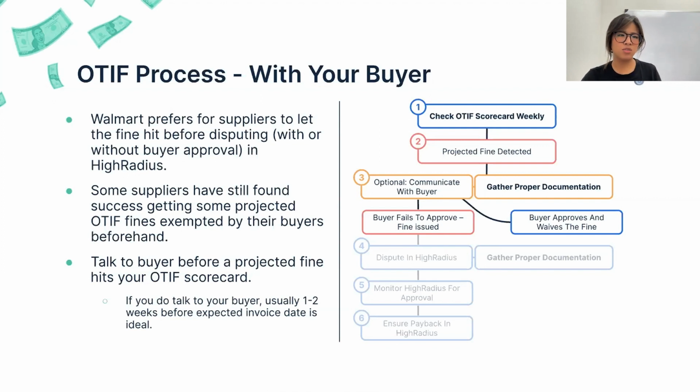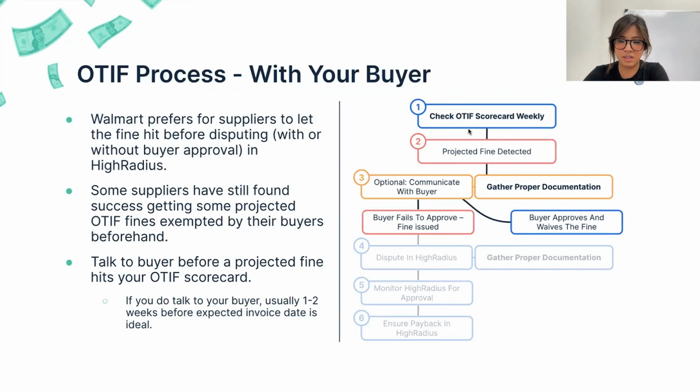We really recommend trying to avoid onesie-twosieing it with your buyer, so not saying this PO this week and this PO next week, because you can actually see your projected fines in the OTIF scorecard on Retail Link. We recommend waiting until the entire month is through so that you can deliver a packet to your buyer saying, hey, these are all of the POs that I'm potentially susceptible for a fine for this month. Here's all of our documentation for it. Can you go ahead and get that waived?